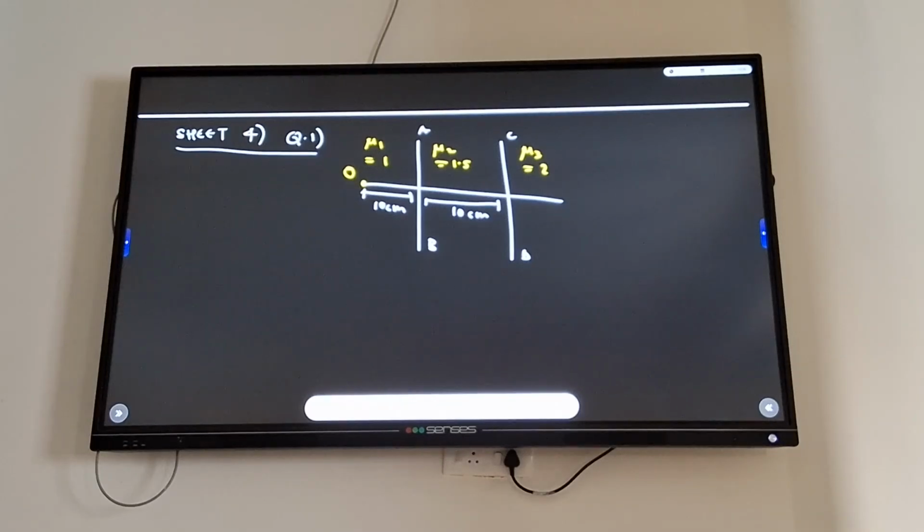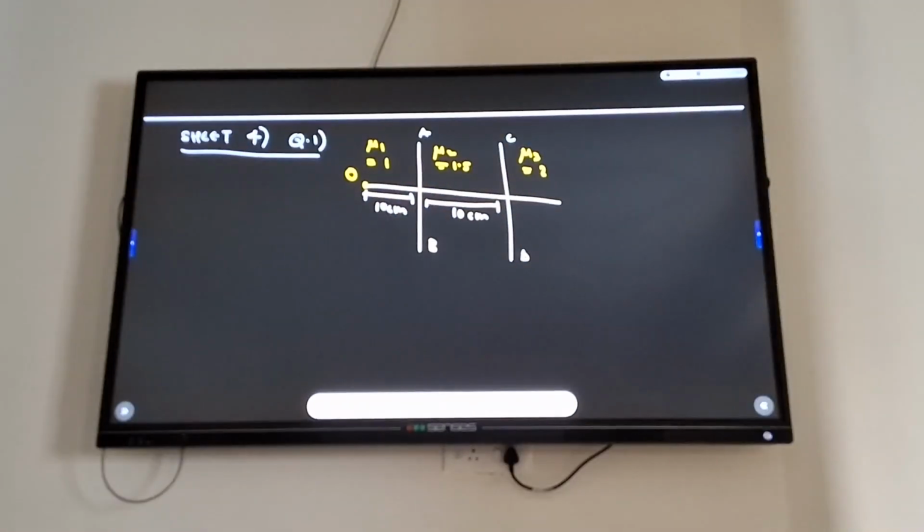So 40 by 3. From where? With respect to what? With respect to surface AB, with respect to surface CD, or with respect to O? So 27.5. With respect to surface CD, you are getting 40 by 3.